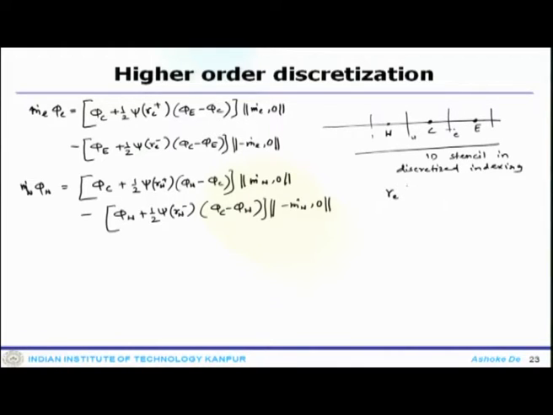R E plus is the ratio of the gradients at the east face, the positive side.